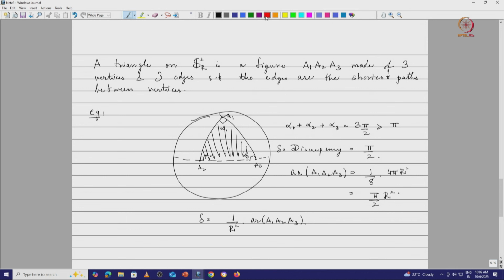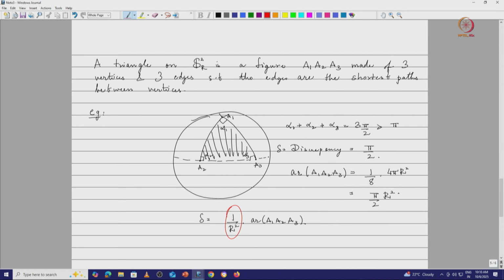Okay, so what is this curious factor of 1 by r squared? Imagine you have a sphere of really large radius. Think of us humans living on the earth: our ancestors thought that the earth is flat, right? Why is that? It's because the radius of the earth is much larger than the size of any human being. So if you take a sphere of really large radius, it appears almost not curved.